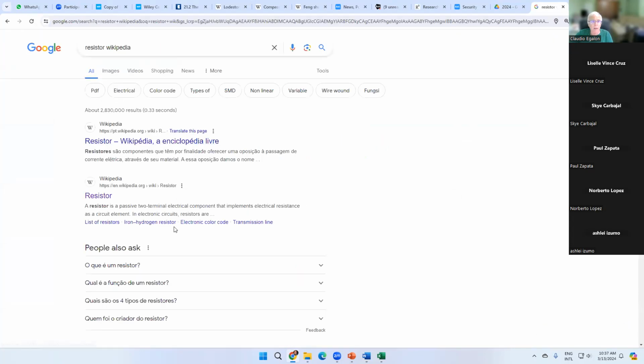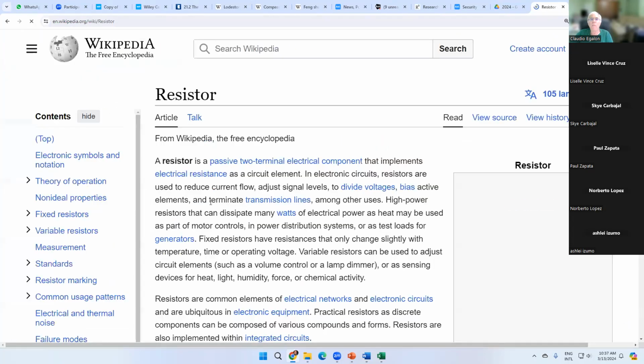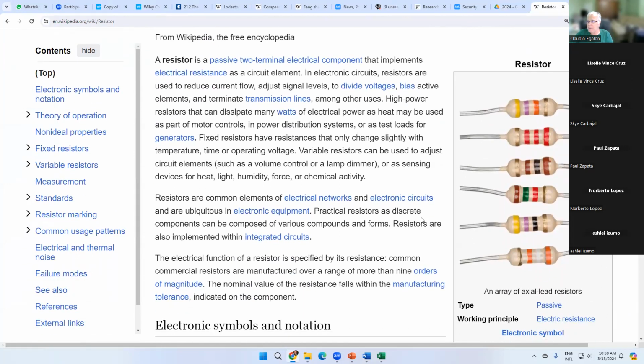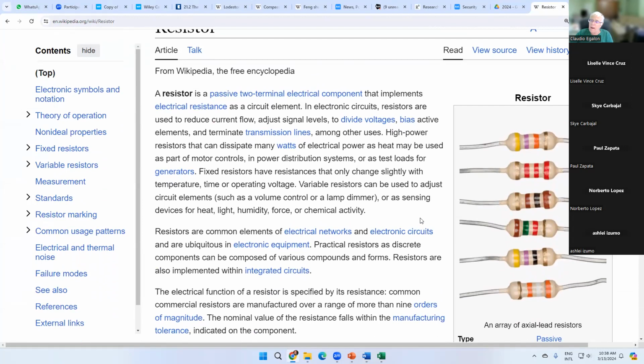Okay, that's how the resistors look. There are a few other resistors that look a little bit different from that. Do you see the color code here in the resistor? Back in the times when multimeters were very expensive, people would know the resistance by reading the colors of the resistor.